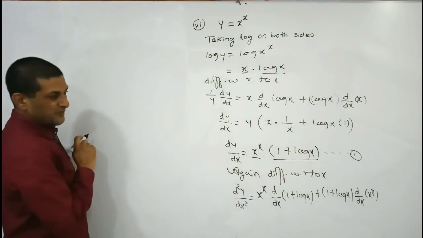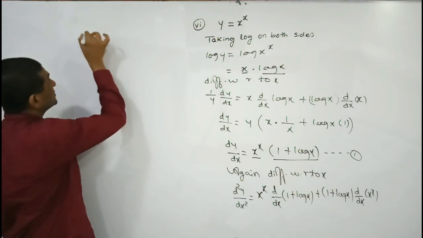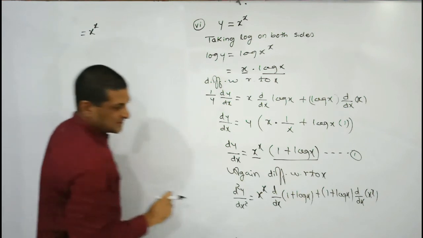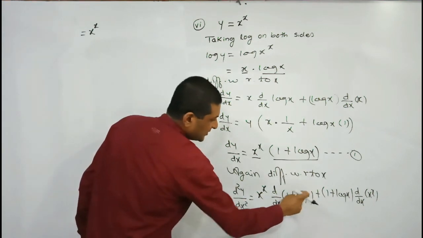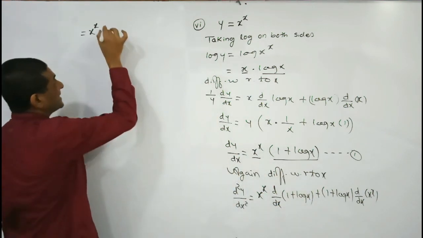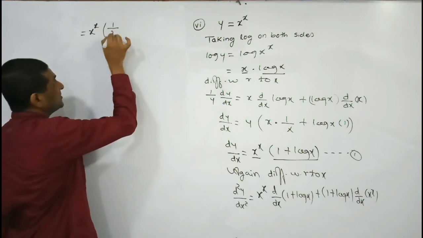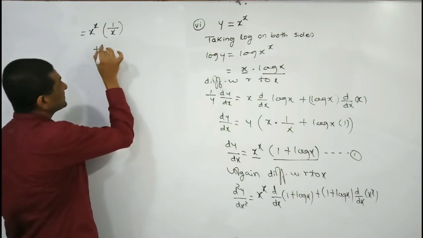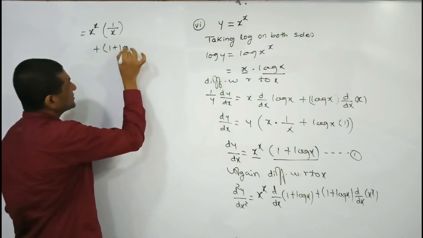Now let us simplify it. If you observe the first term, x raised to power x, keep it as it is, the derivative of 1 is 0, and the derivative of log x will be equal to 1 by x, so the differentiation of the whole term will be 1 by x, and later on plus 1 plus log x, keep it as it is.